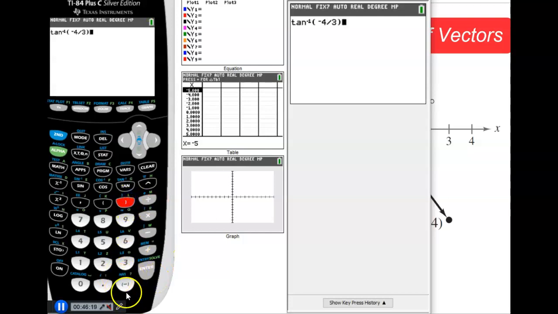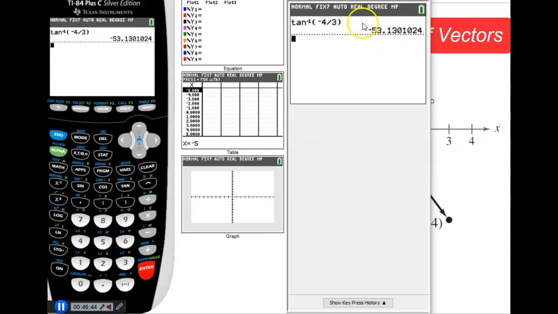It's very important that if you have a negative sign in front of your number, you use the button below the number 3. If it's a minus in the middle of two terms or numbers, then you will use the minus key. But for negative, you use the one here below number 3. So if we press enter, we will get a negative answer.